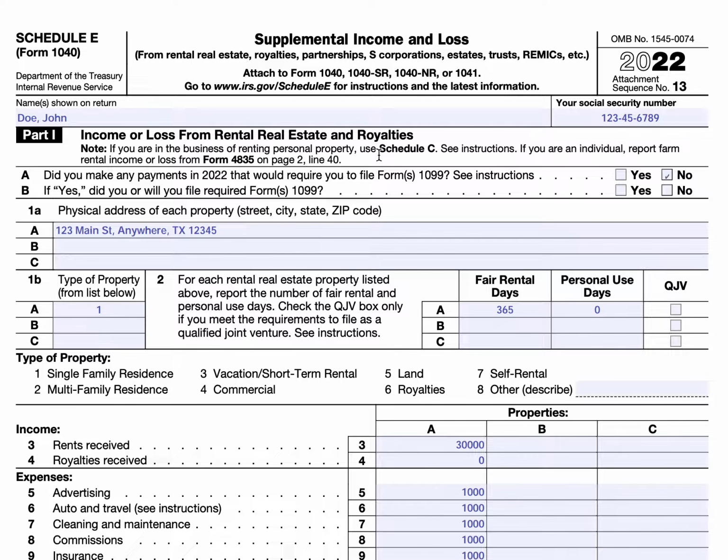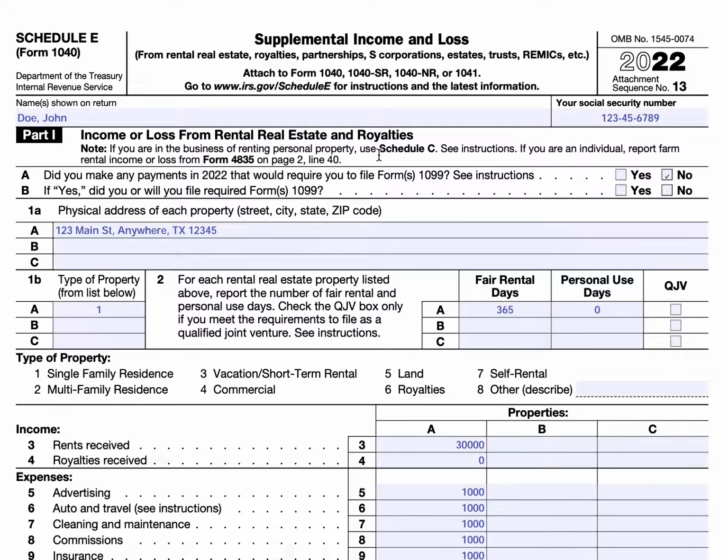Estates and trusts will report farm rental income and expenses on Schedule E because they do not use either IRS Form 4835 or Schedule F. There are certain instances when you would need to use Schedule C. I covered the personal property rental business.